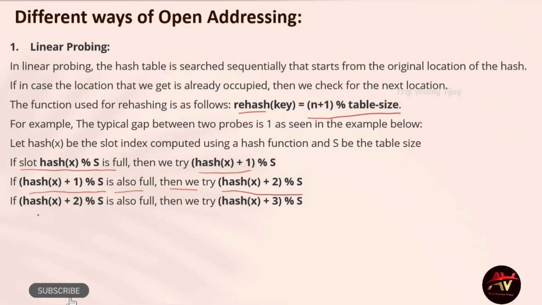If that is also full, we try hash of x plus 3 modulo s. This iteration is repeated until we find an empty slot, and then we insert the key into the hash table. This is called linear probing. Linear probing means we keep searching for an empty slot to store the key in the hash table.